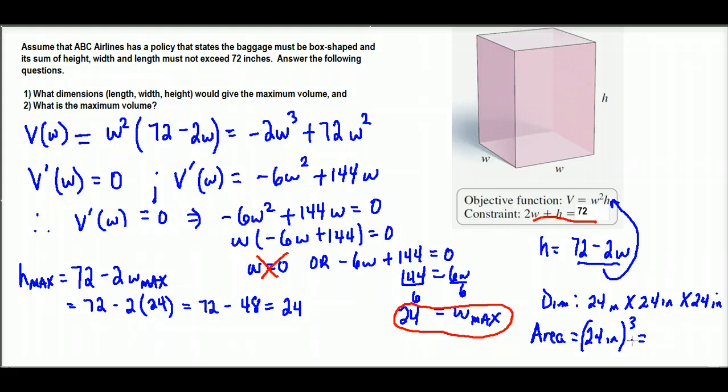And when we calculate that, we end up getting 13,824 cubic inches. So I'll go ahead and write that in here. So now we have our dimensions as well as our volume.